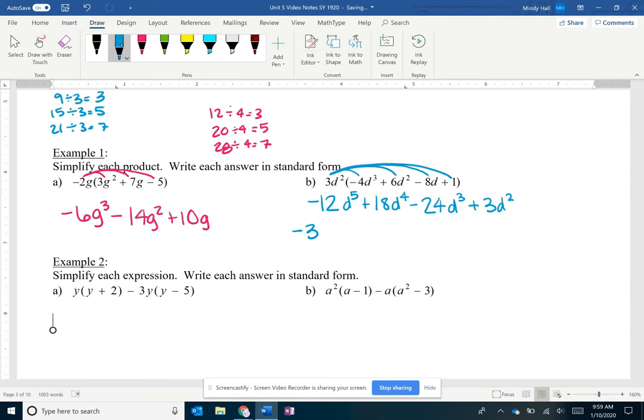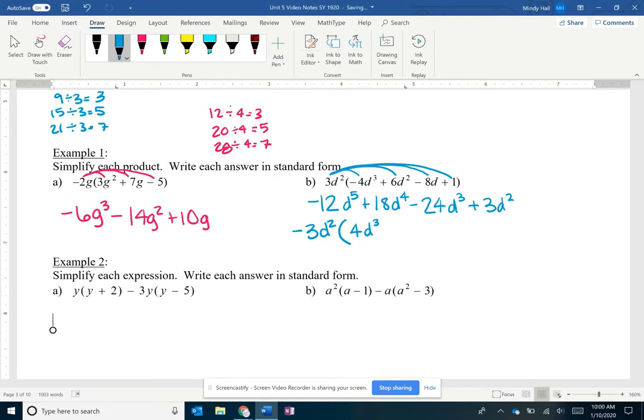And then with my variable, the lowest exponent is d squared, so that's all I can take from all of them. And by doing this, which I am getting a little ahead of what we're doing, negative 12 divided by 3d squared is going to be a positive 4d cubed.